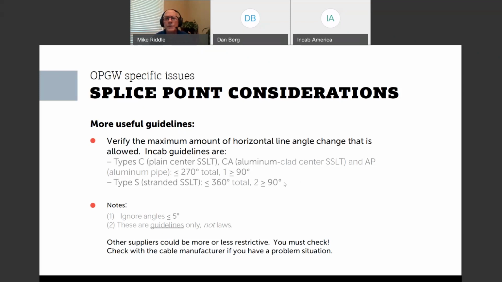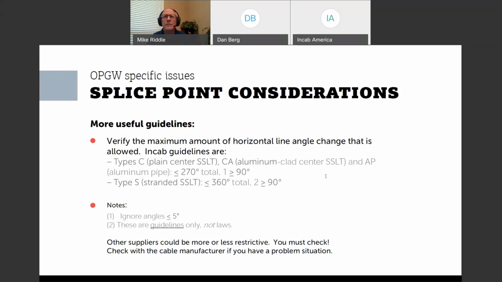Countries with high temperature, could it affect the pulling point? Usually manufacturers tell you that it's okay to install their cable between some low temperature, for OPGW for us I believe it's minus 30 C, and then a high temperature, for us I think 50 C or something like that.